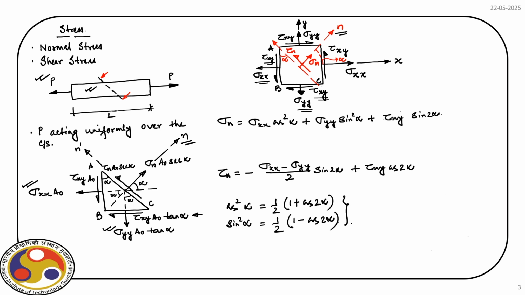Now, using these two expressions, we can further simplify the expression for sigma n, and if we do that, we will get this expression: sigma xx plus sigma yy by 2 plus sigma xx minus sigma yy by 2 cos 2 alpha plus tau xy sin 2 alpha.